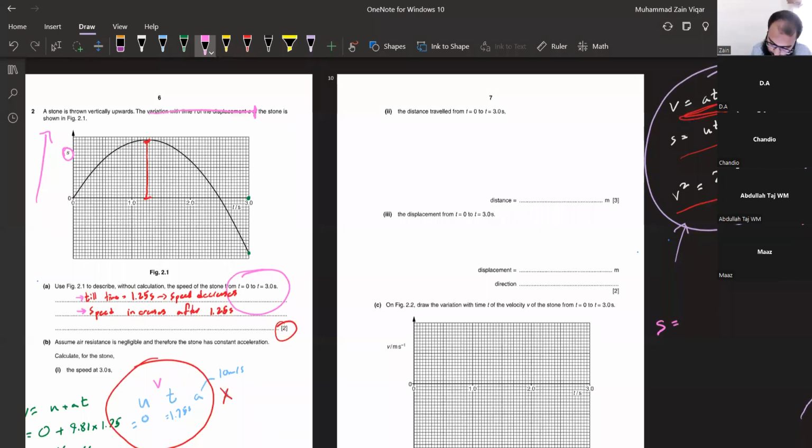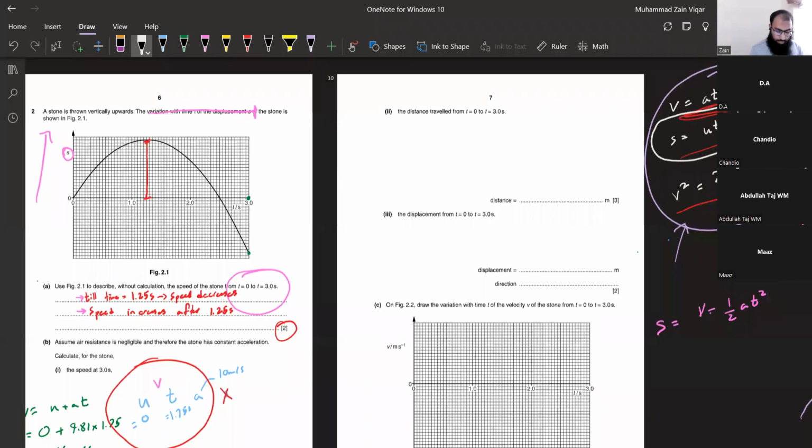S equals V minus half at square? I'm not aware of any such formula. It was written in my notes. Yeah, there were two formulas that I have been given. Okay, maybe that could have been a formula, but I can't recall any such formula at the moment.